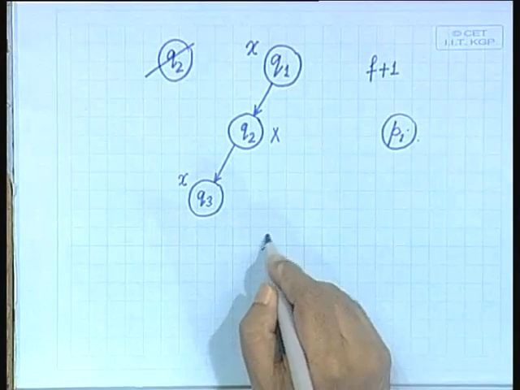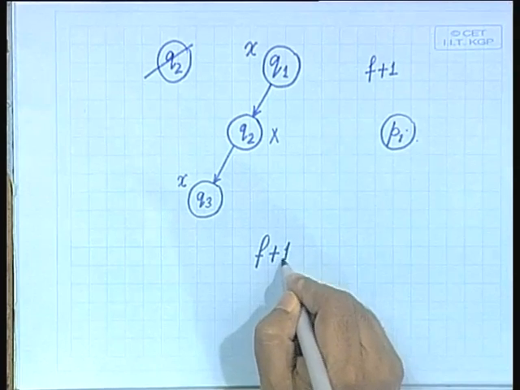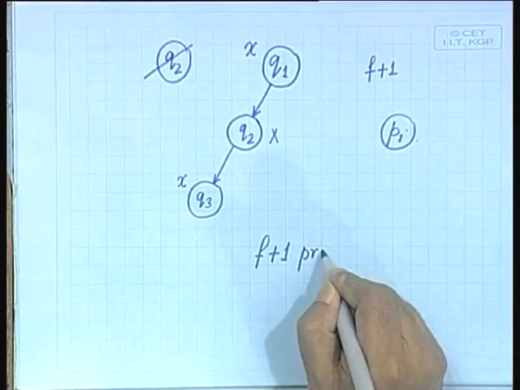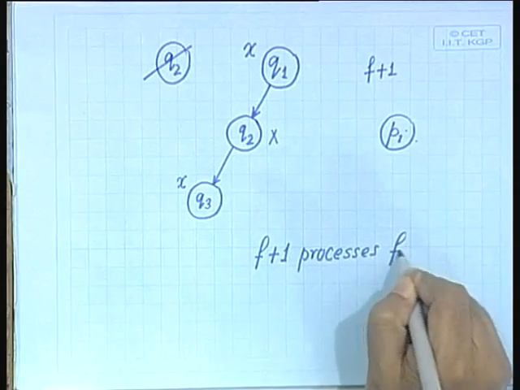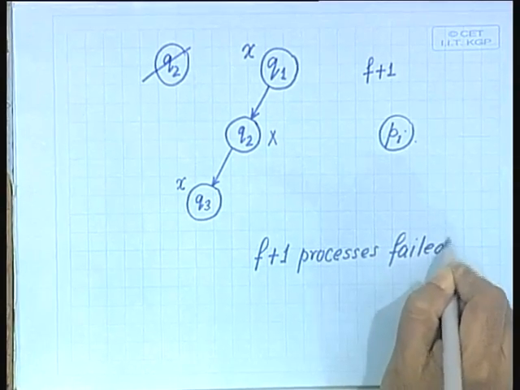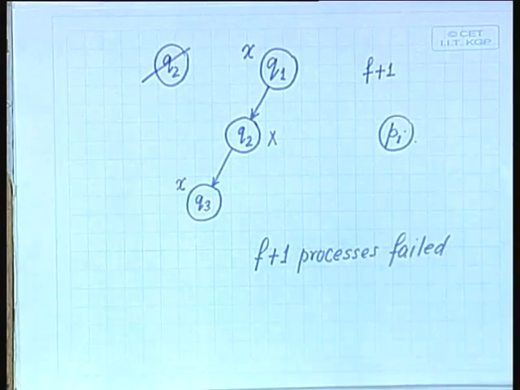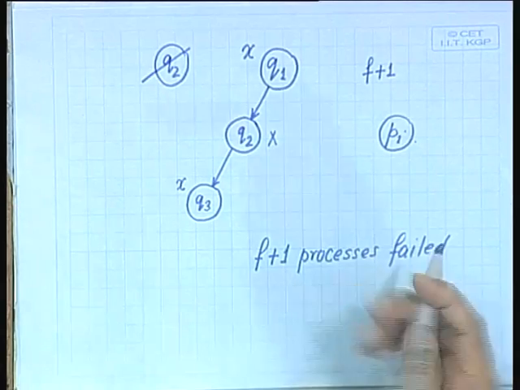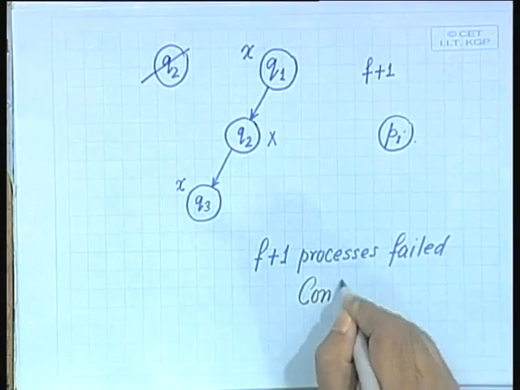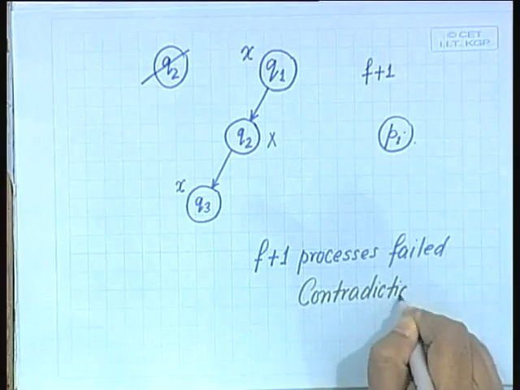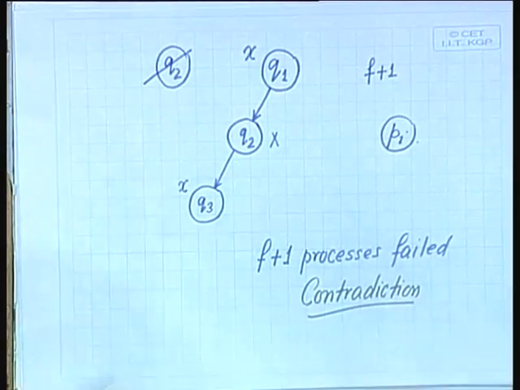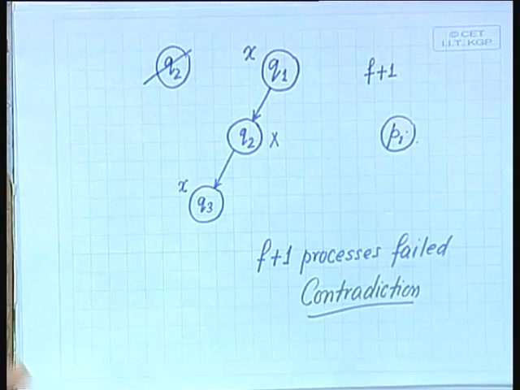So, therefore, we conclude that this is only possible if f plus 1 processes failed, but that is a contradiction, because we are saying that at most f processes will fail.